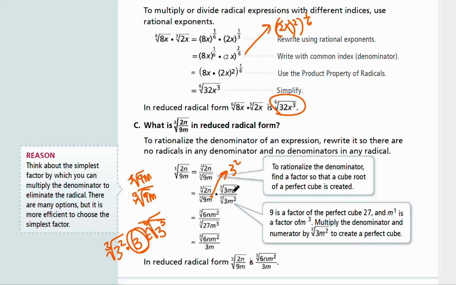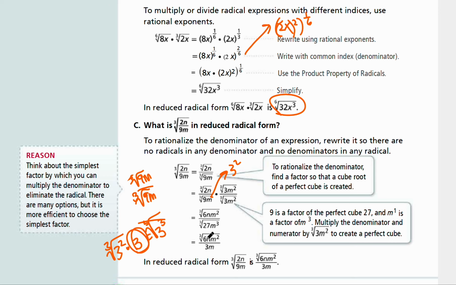And then you multiply the same number on the numerator so that you're not changing your expression, you're just multiplying by 1. And then you'll see that this is 27m cubed, but that's really 3m because that's 3 to the power of 3. And so that cancels the power. So you have 3, and then the power cube and the cube root cancel each other out. So then you have m.